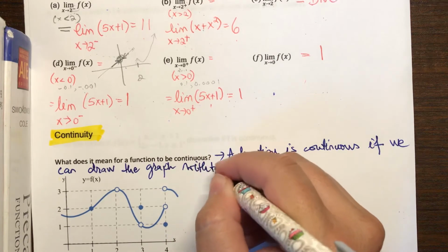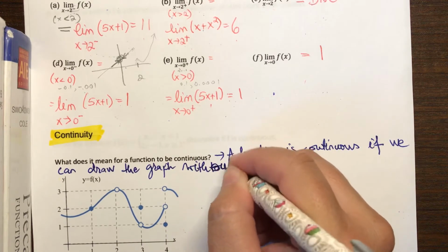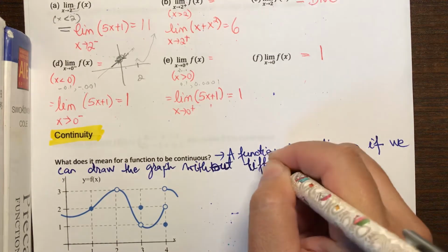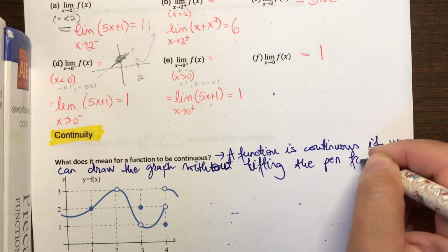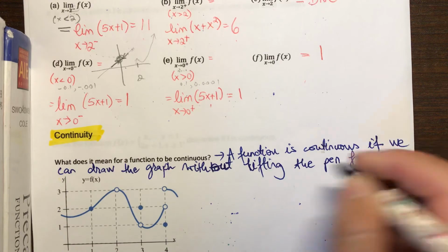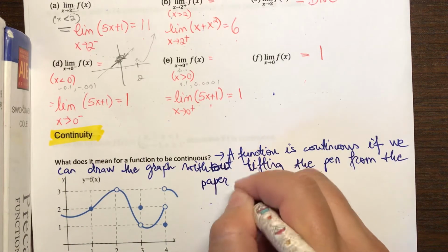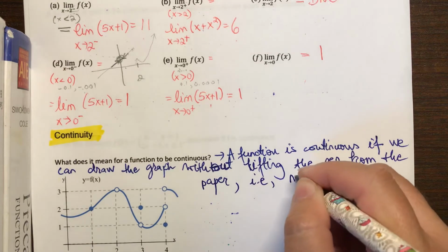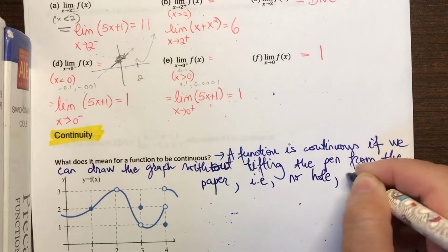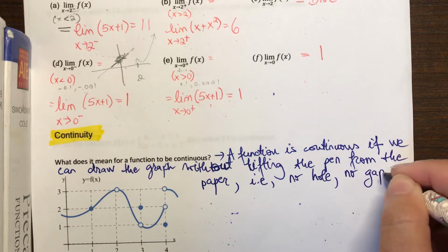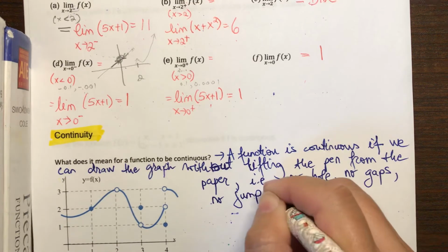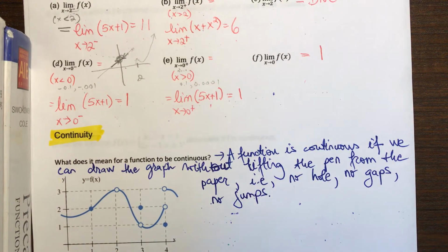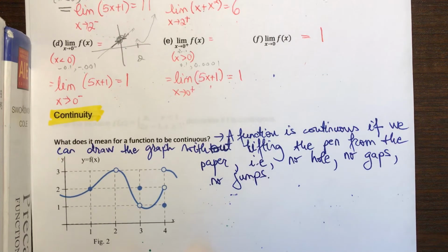That's the layman's terms. In other words, there are no gaps, no holes, no jumps. Okay, so you can draw that graph right through without making a fuss.